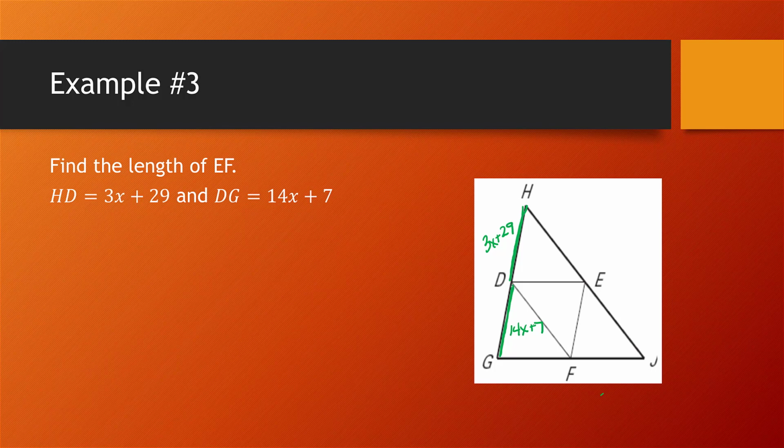What we need to remember are midsegments connect midpoints. And midpoints are exactly in the middle, which means both sides are equal. So if it's a midpoint like this, we can say GD equals DH, because that D is right in the middle. Go ahead, plug in your algebraic expressions.